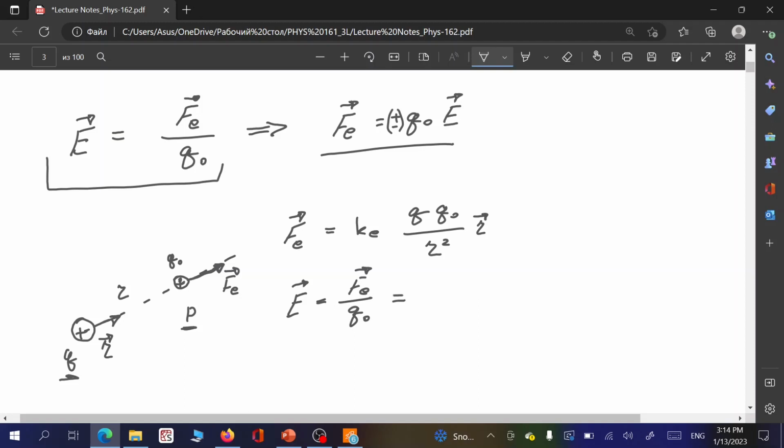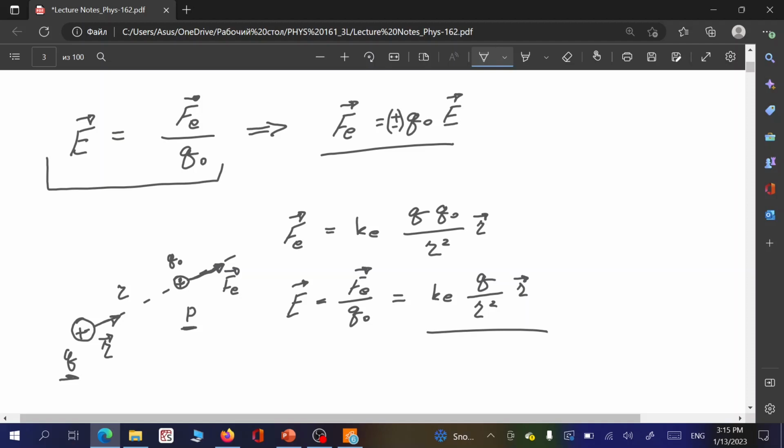And we will end up with Ke times Q divided by r square times the r unit vector. So this is the equation which gives us a possibility to determine the electric field vector at some distance r created by source charge Q.